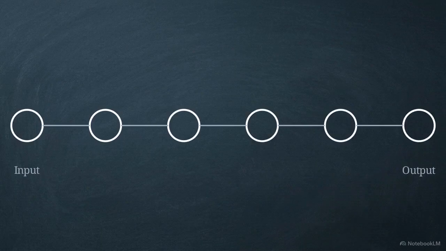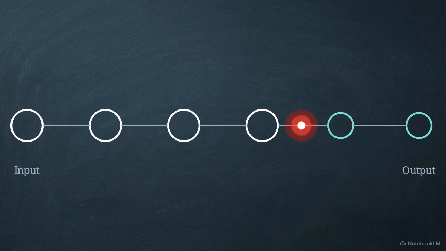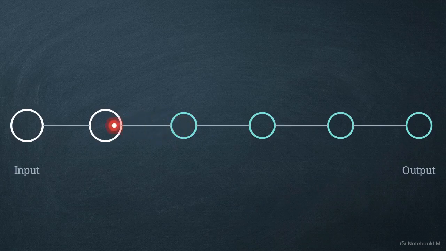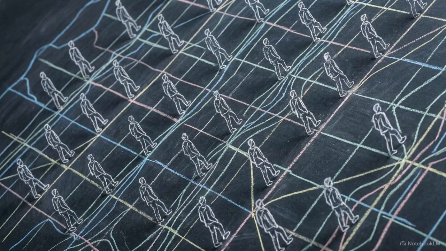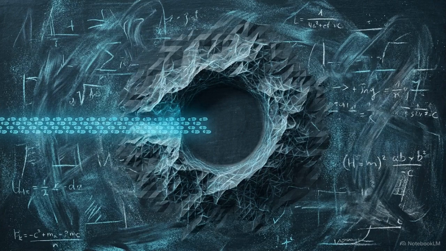To correct the group's path, the AI uses a concept called the chain rule. The chain rule sends that error signal backward through the entire system, calculating exactly how much each individual node needs to adjust its own position. Because of that rule, millions of artificial neurons can shift their footing at the exact same time, correcting the entire network's path based on a single collective goal.